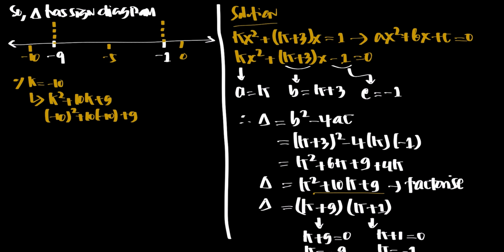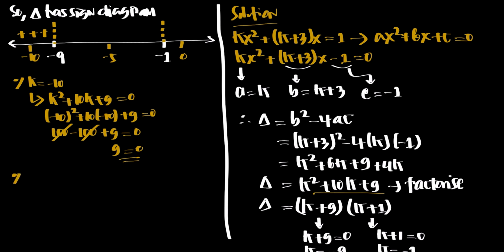So then this is 100 minus 100 plus 9, which cancels to 9. So we have 9, which is a positive value that is produced. So then if that's positive, you have to put a positive sign.